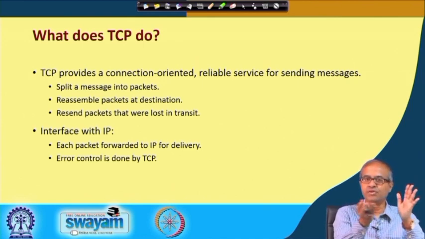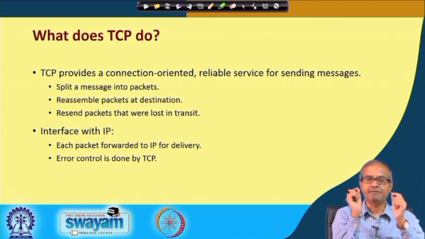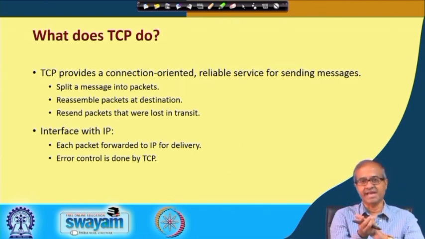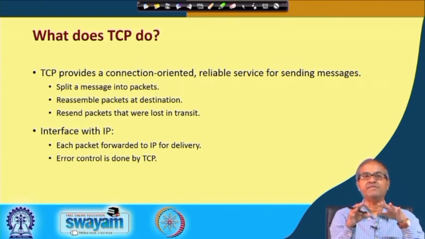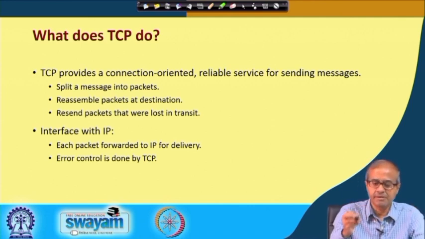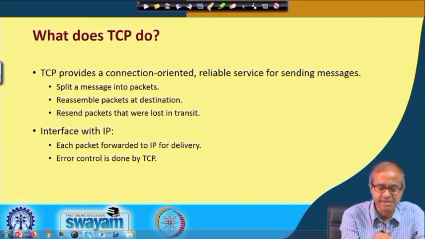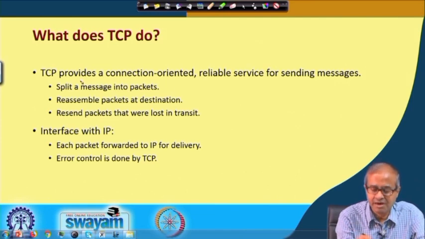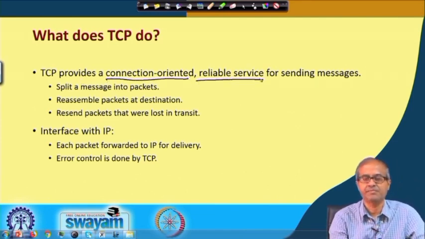So, the sender will know whether it was received correctly or not. If it sees that it was not received correctly, then the data will be transmitted again, so that some kind of reliability is maintained. So, essentially TCP tries to provide a connection oriented reliable service.